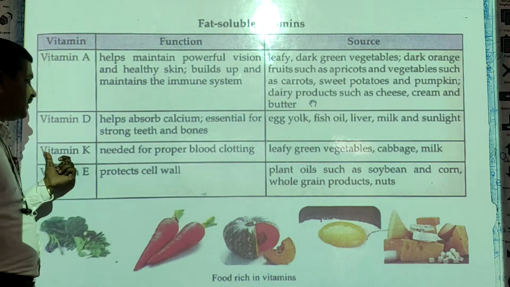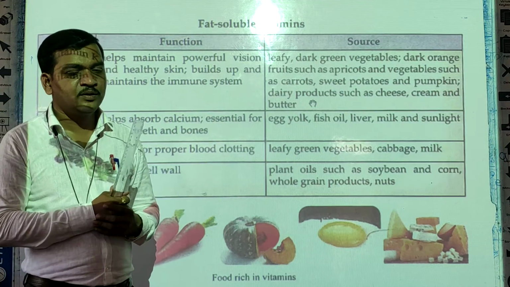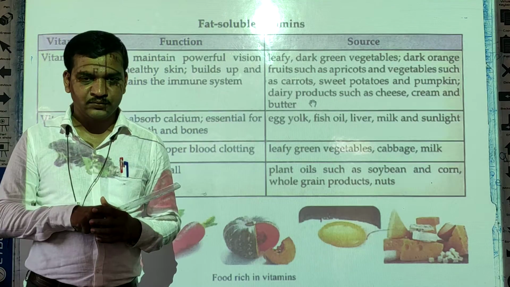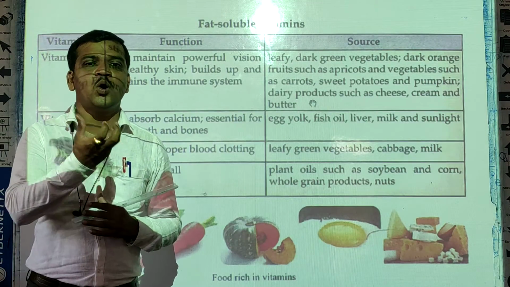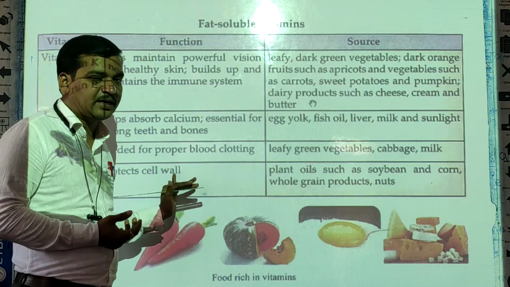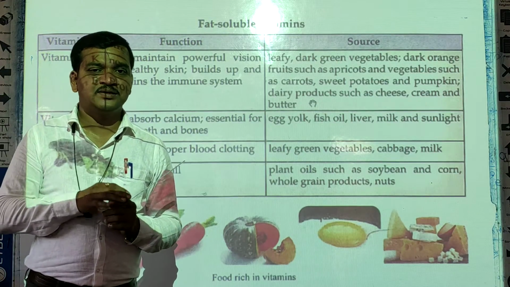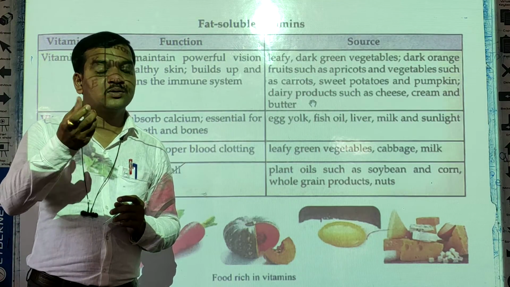Next, vitamin K. Vitamin K is very important for the clotting of blood. Clotting of blood means to coagulate the blood. What happens if vitamin K is very low in your body? Sometimes the bleeding will not stop.